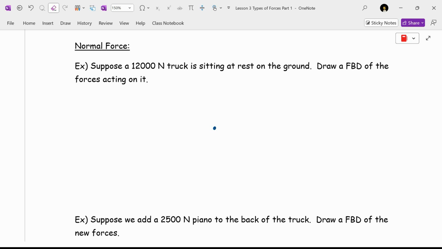Which way? Yep. I'm going to write mg, but I know how big it is. Because what are the units next to that 12,000? That's the weight. Gravity is pulling down with 12,000 newtons. If I know the weight, how can I figure out an object's mass?